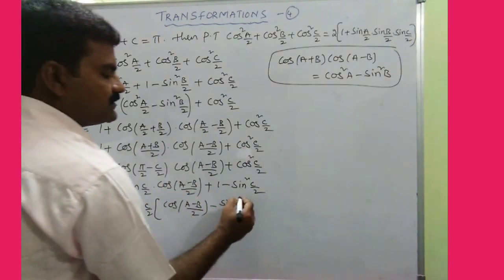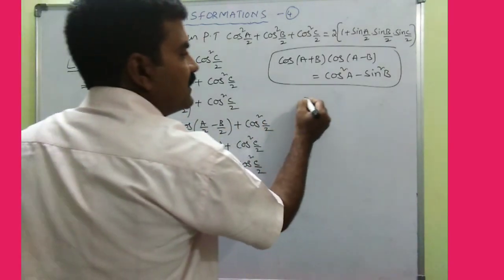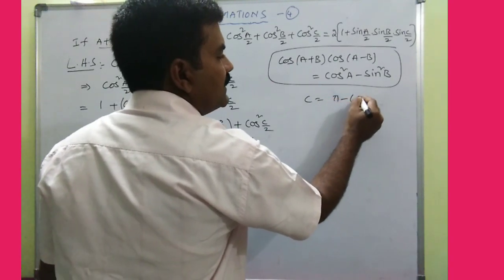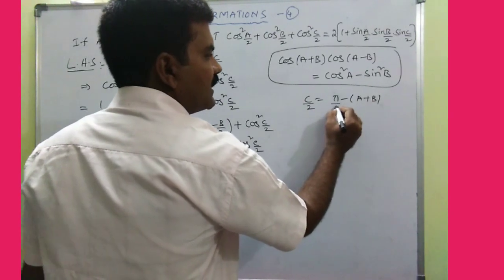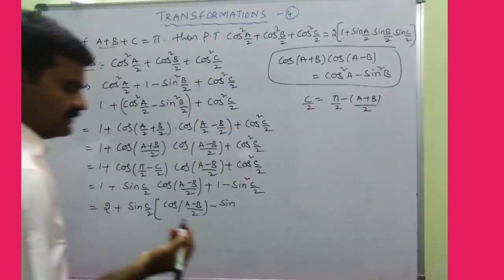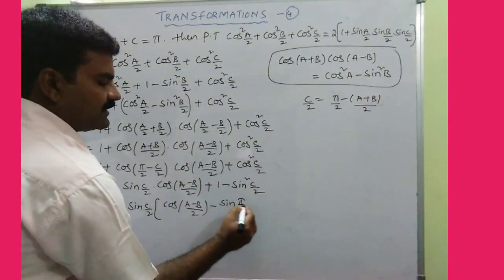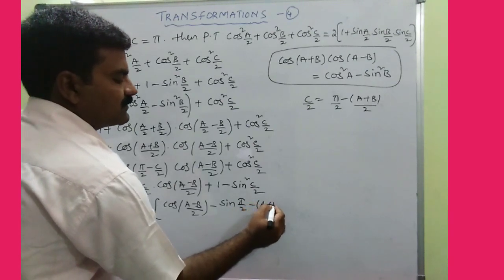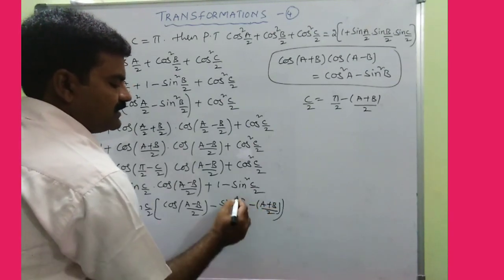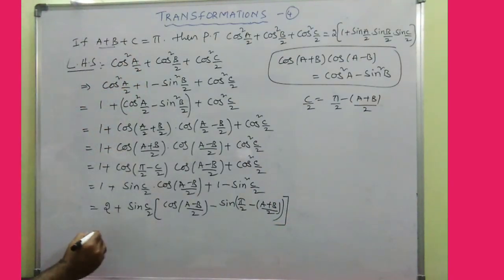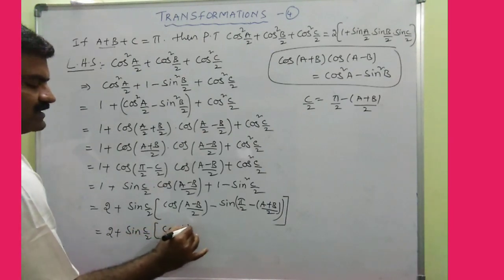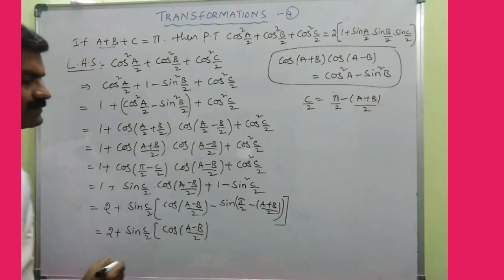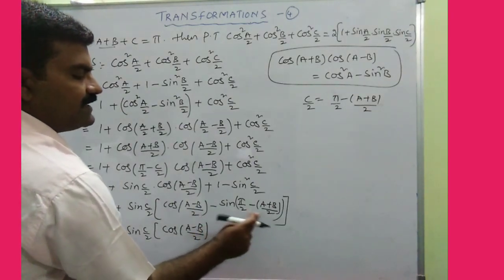Actually sin of C by 2, C by 2 what we can write here, you see. Actually C is equal to 180 minus of A plus B, right? Now C by 2 is 90 minus of A plus B by 2. So that is what I want to write, 90 minus of A plus B by 2. Now this is just like 90 minus theta.